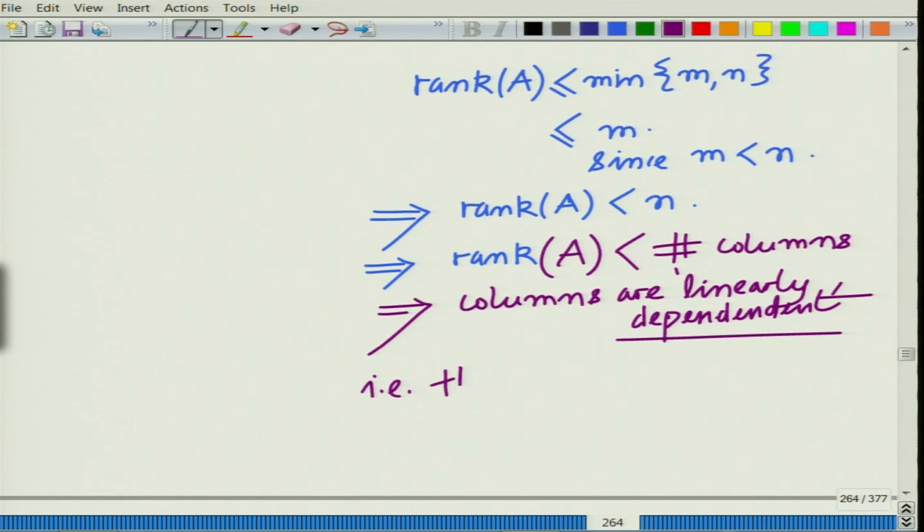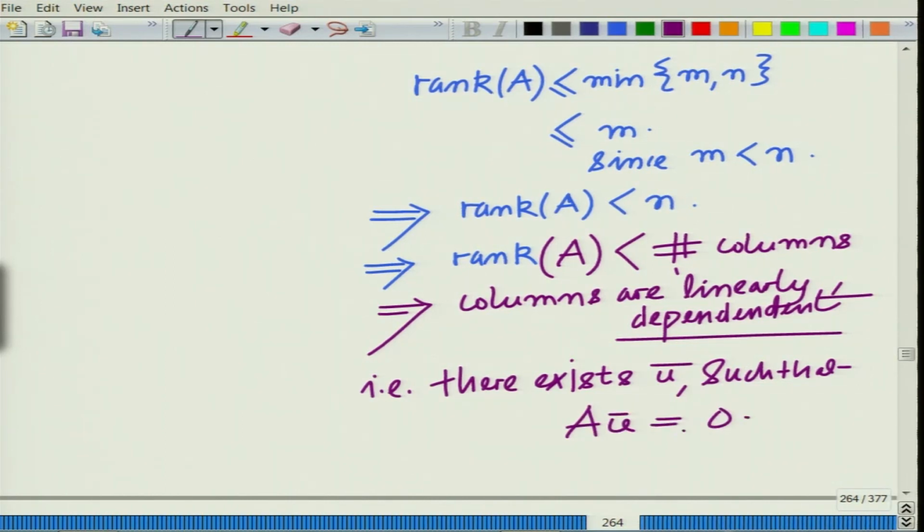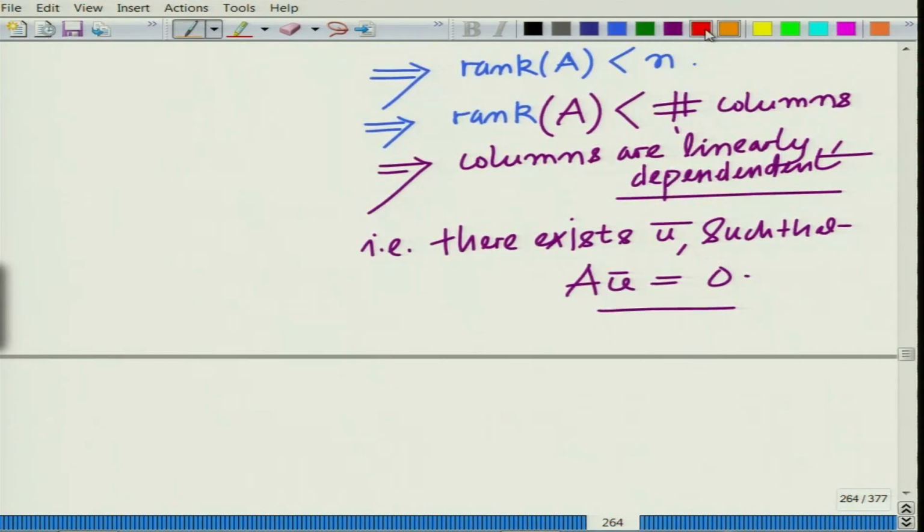That is, u bar such that A times u bar is 0, and in fact we defined such a vector u bar. This u bar belongs to the null space of A, right.